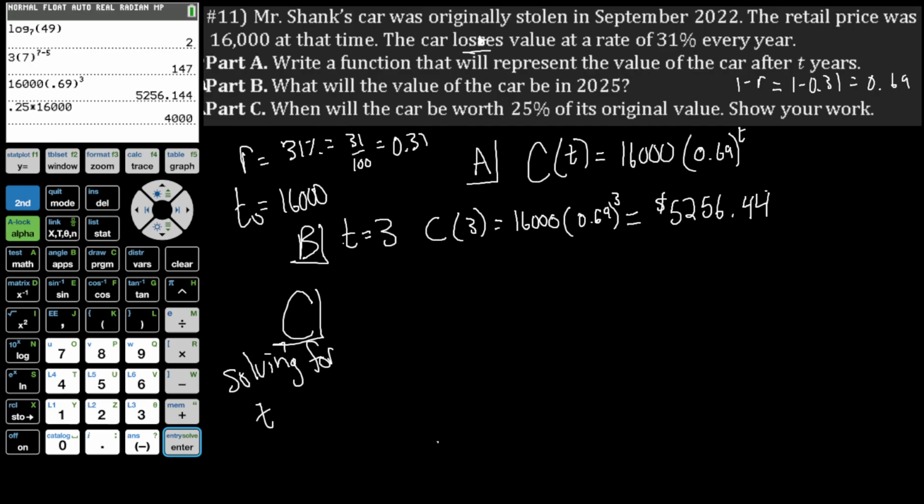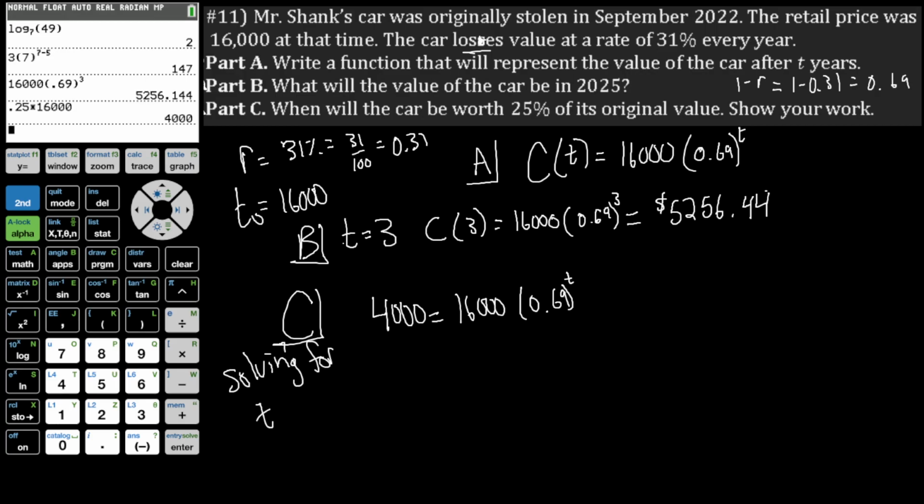So it's saying C of t is now 4,000. So we're saying, okay, how many years is it going to take? And so we say this is equal to 16,000 times 0.69 to the power of t. So we're solving for t.